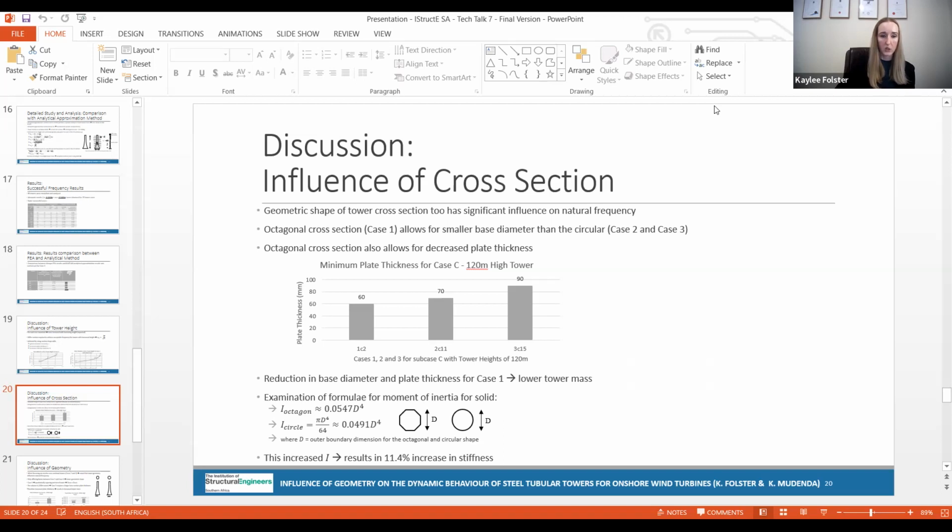So for all three geometric cases, we're looking at a 120 meter high tower. And what we notice is for the first case, which is the octagonal shaped cross-section, we're able to get away with a plate thickness of 60 millimeters at the base. Whereas when we look at cases 2 and 3, which were of circular cross-section, we needed greater plate thicknesses of 70 and 90 millimeters respectively.